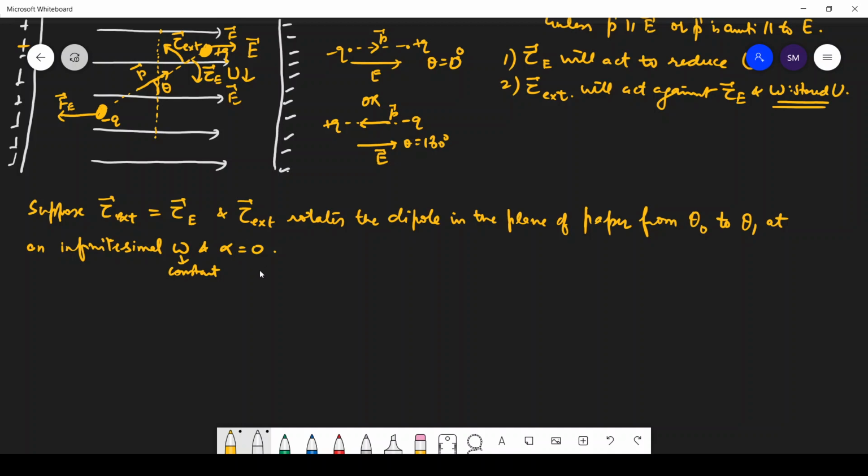So what will be the total amount of work done by the external force? Therefore the total work done by torque external is equal to W. Another point, students: all the conservative forces, when they act, are variable forces.